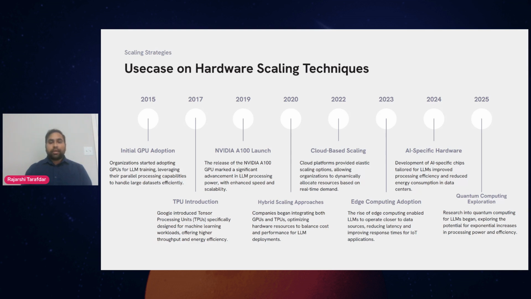2020 is the hybrid scaling approach. Many companies have been integrating both the GPUs and the TPUs. They are useful for optimizing the resources in terms of performance.